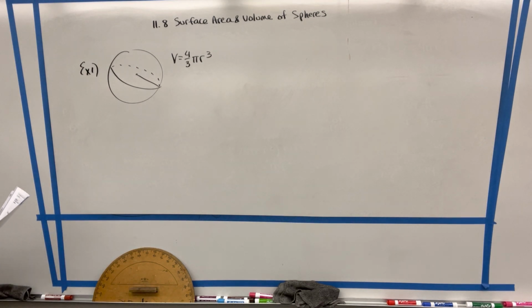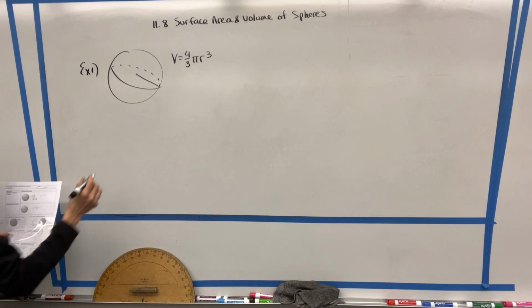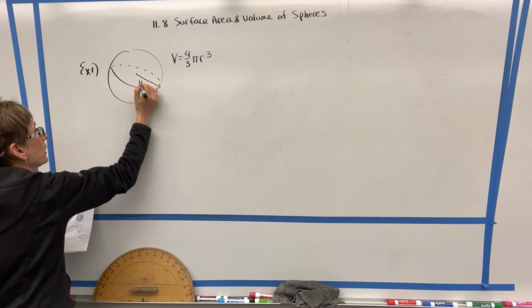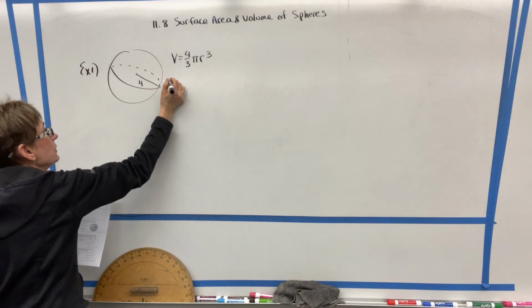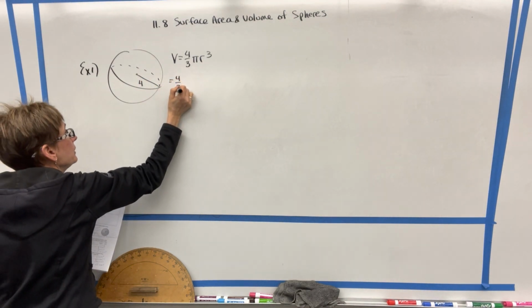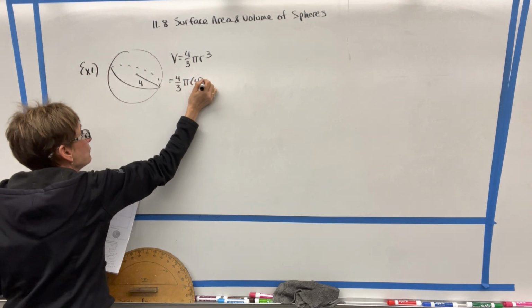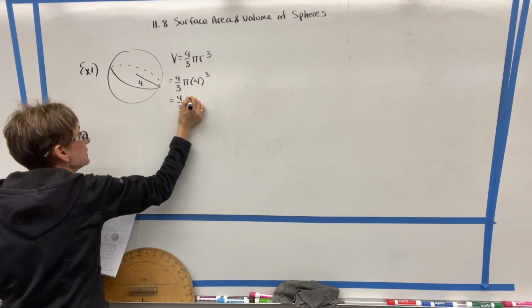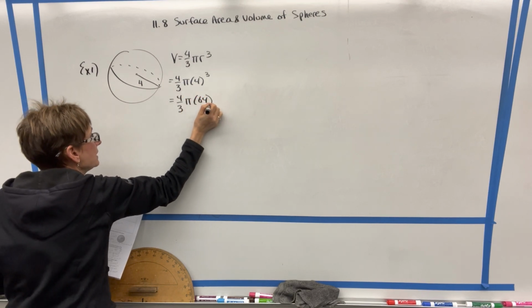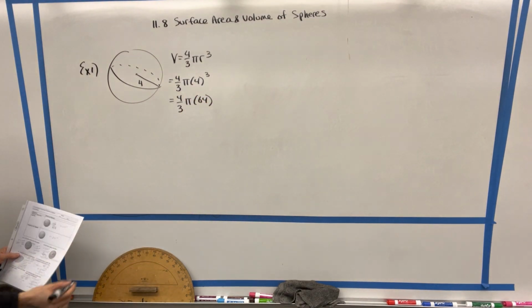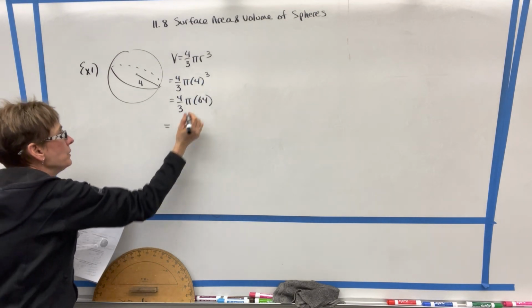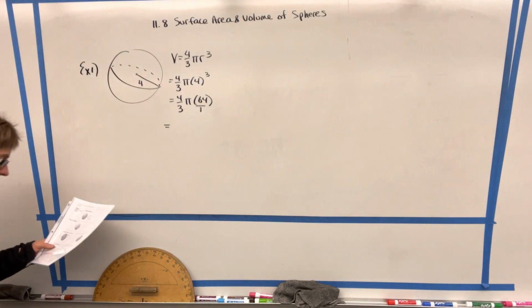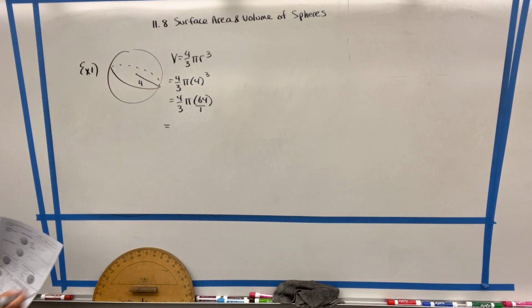So for our first example, let's say that the radius here is 4. So I'm going to take 4/3 times pi times 4 cubed, or 4/3 times pi times 64. Now, one way I can do this is think of the 64 as being over 1.